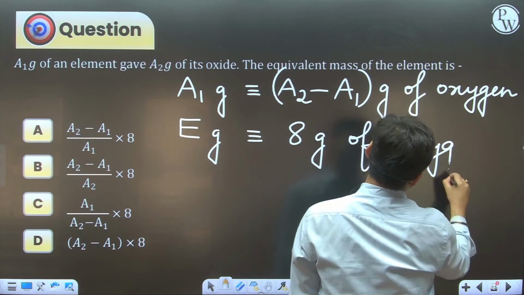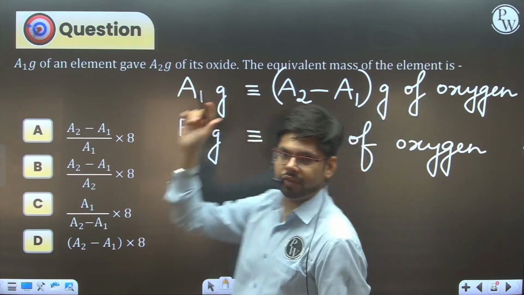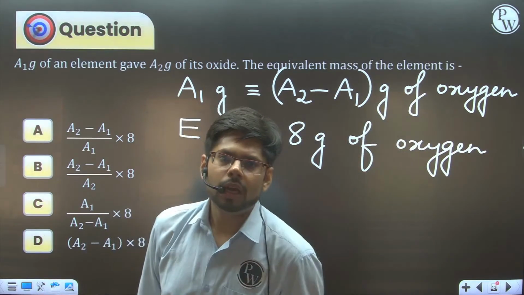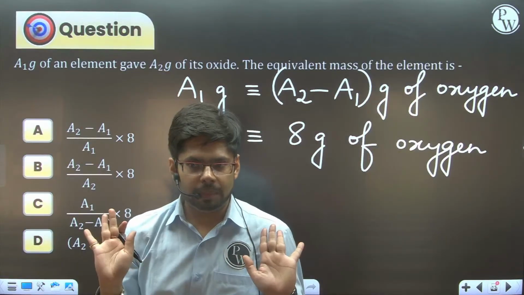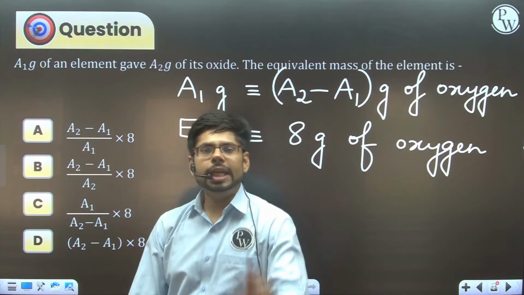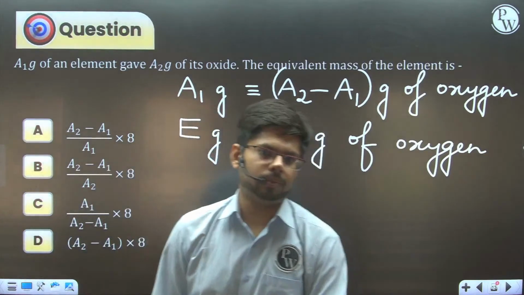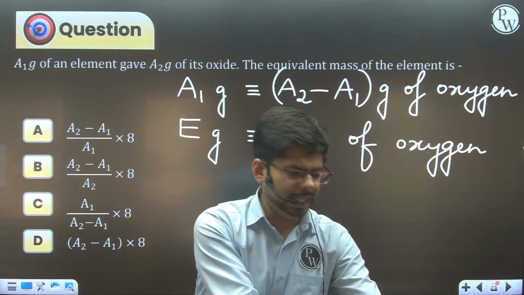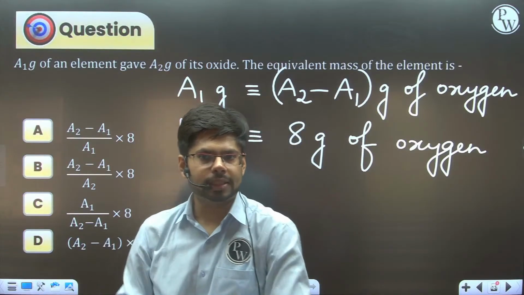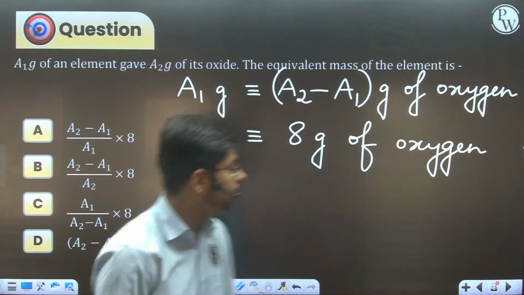This is how you define equivalent weight of an element which is forming its oxide. I repeat, E is the equivalent weight of the element. So what is E? E is the quantity in grams combined with 8 grams of oxygen.